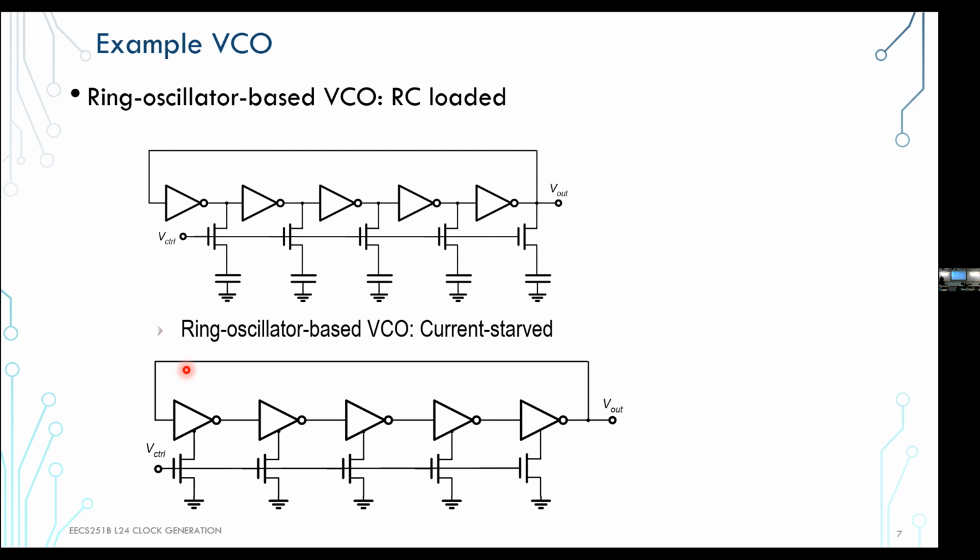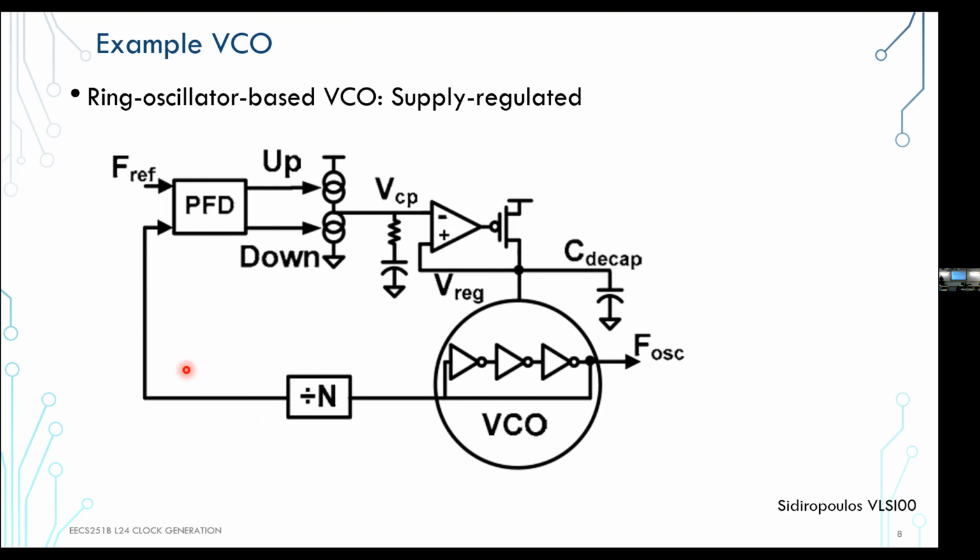But one way to avoid, for example, this type of sensitivity is to use a voltage regulator that regulates the VCO, right? Now, reducing the supply voltage of the VCO, the ring oscillator, will of course also lower the edges, right? Because we are scaling down the drive current.